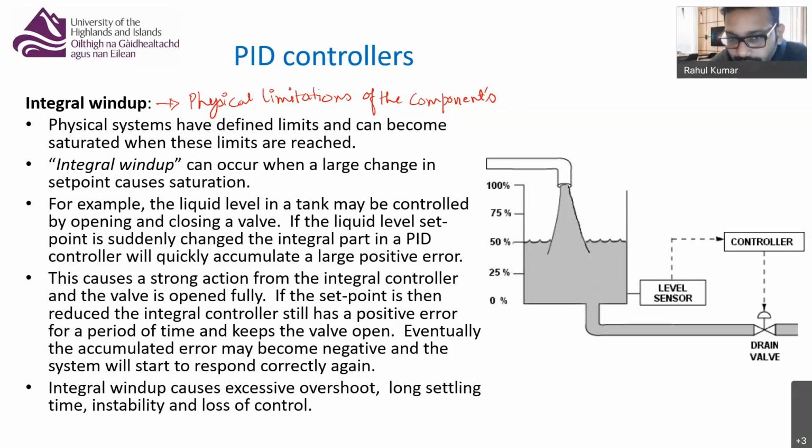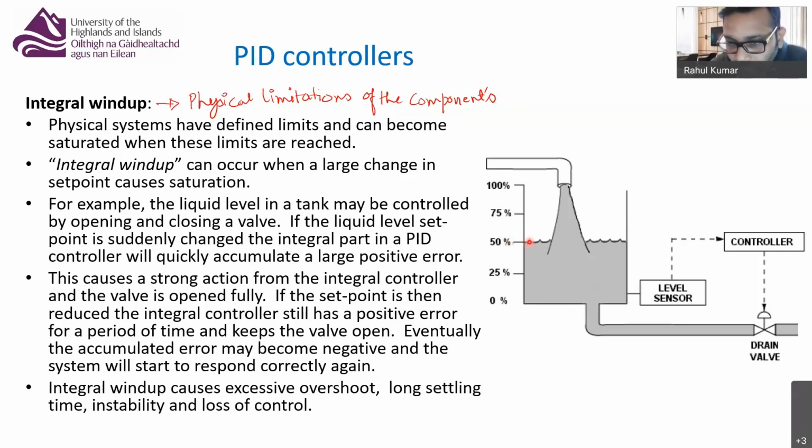Right? So in this example on your screen, I've taken an example of a tank. This is a simple water tank in which, let's say, I have set the limit at 50%. I want my tank to be filled up to 50%. The level should be maintained at 50%.